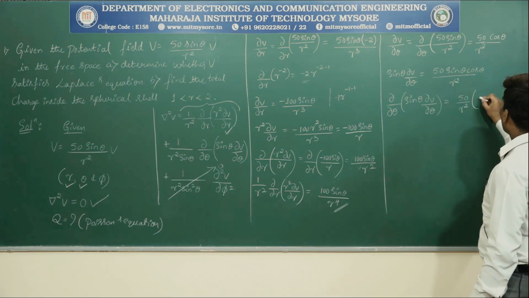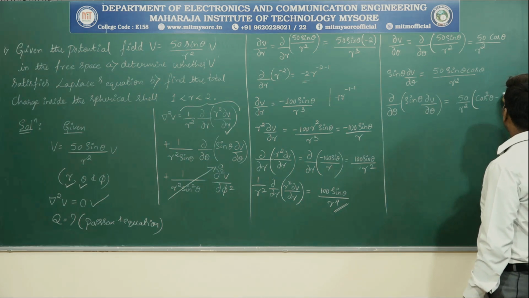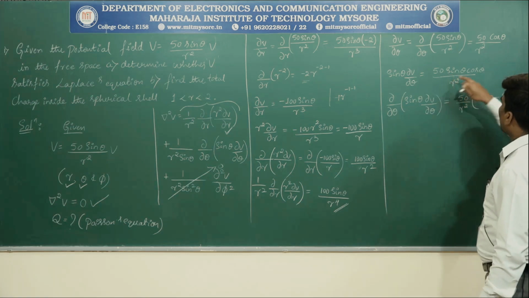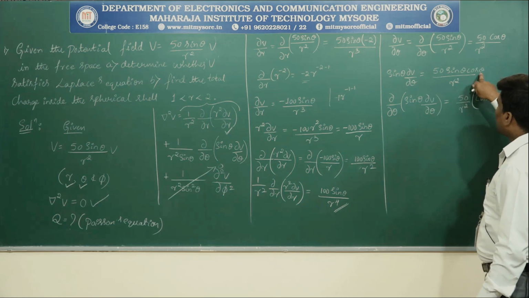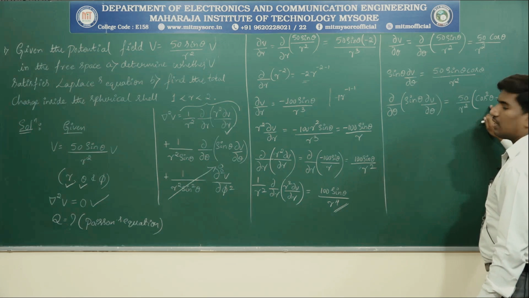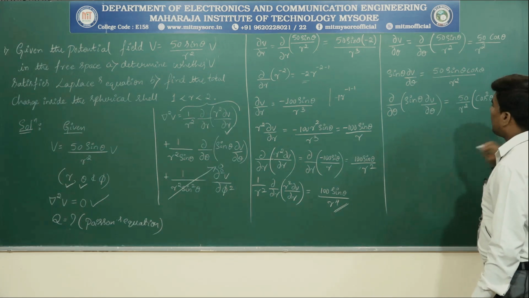After performing the uv rule, what we are going to get is cos square theta minus sin square theta. That is first into differentiation of second minus second into differentiation of first. So after solving that, we will get cos square theta minus sin square theta.